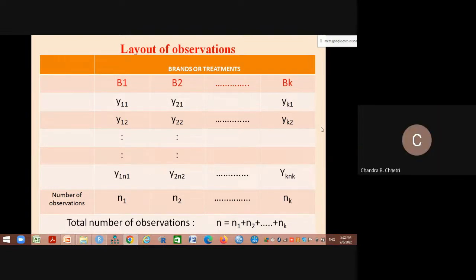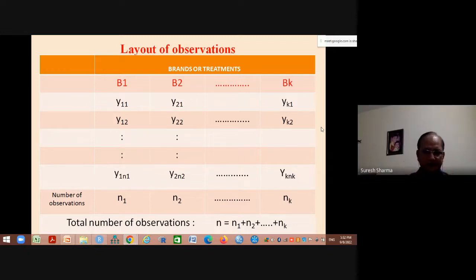All right. Now try to understand, please. What is the problem here? The problem is I'm taking K different brands and their products, and noting down their life length. Now, there will be variation present in the data.